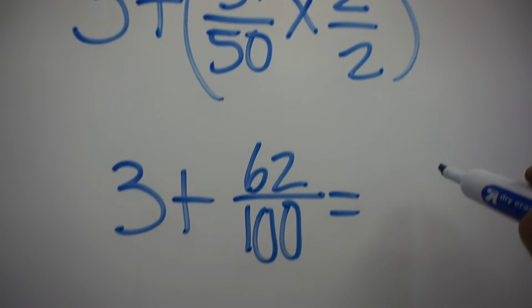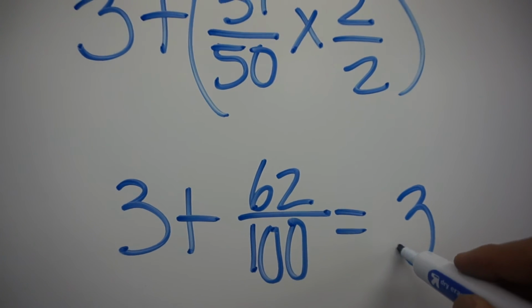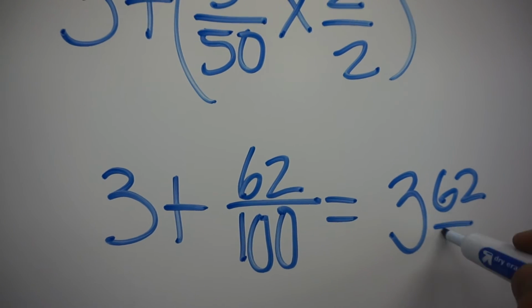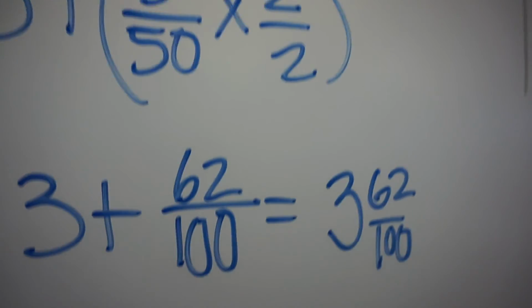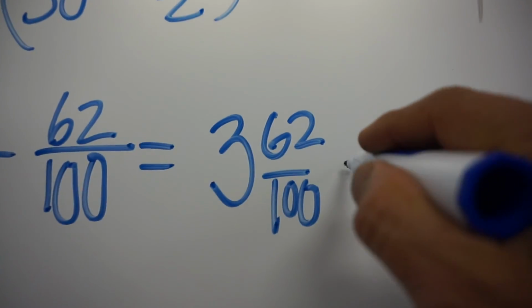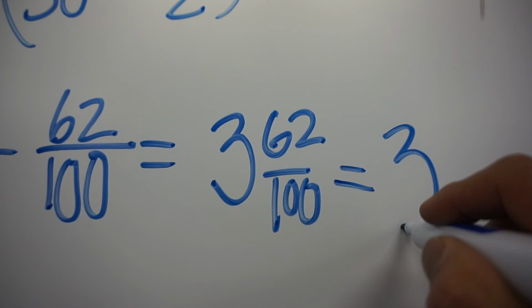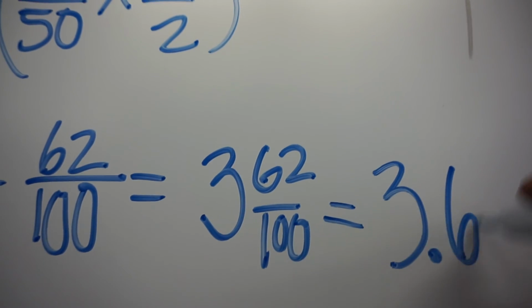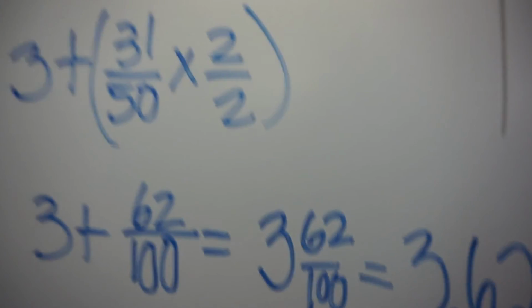And this is going to be equal to 3 wholes and 62 hundredths. Now we have to write the equivalent in decimals. So let's write this down, my friends. Again, it's 3 wholes and 62 hundredths, or 3.62.